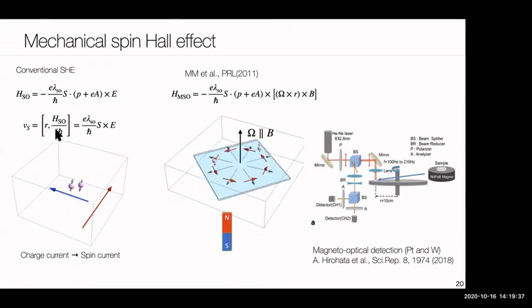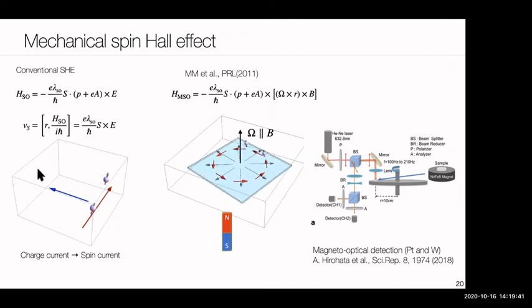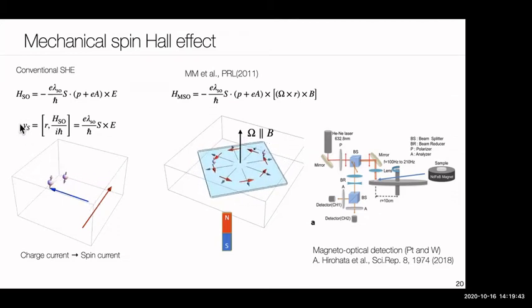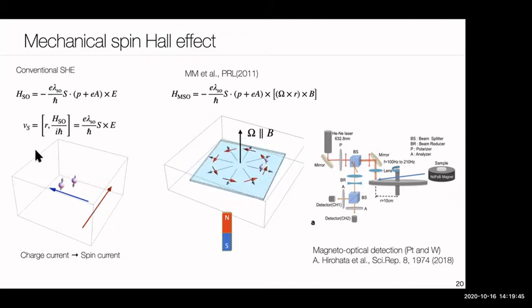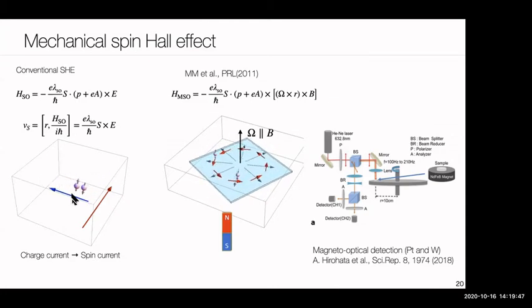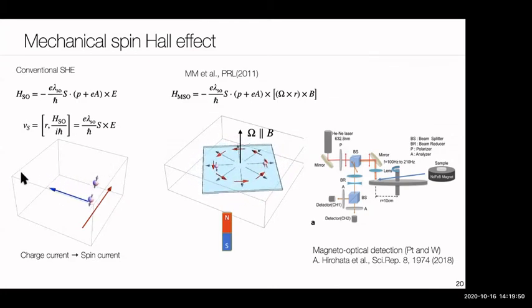Which means if you apply the charge current in this direction, then due to the spin-dependent velocity term, the up spin goes this way and the down spin goes the other way.